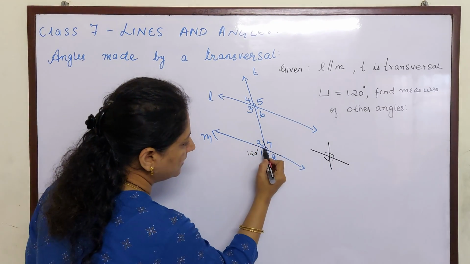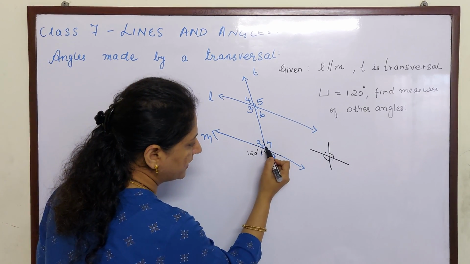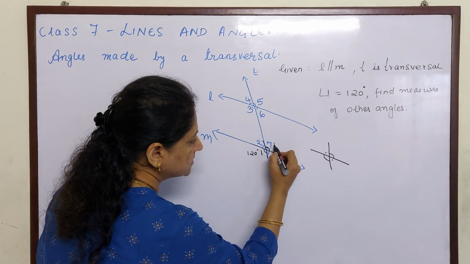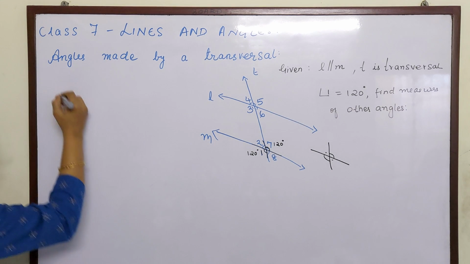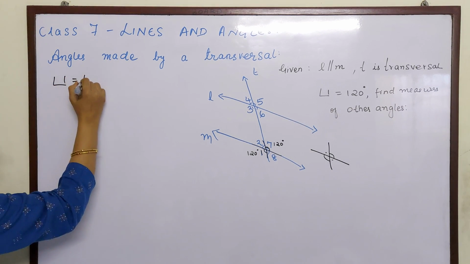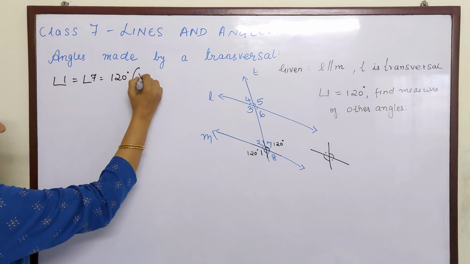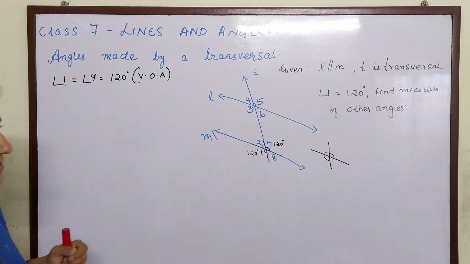So now if angle 1 is 120 degrees, in a crisscross way, what is that? Angle 7. That means this is also 120 degrees because it is a vertically opposite angle. So we will write angle 1 is equal to angle 7, 120 degrees. The reason being vertically opposite angles.